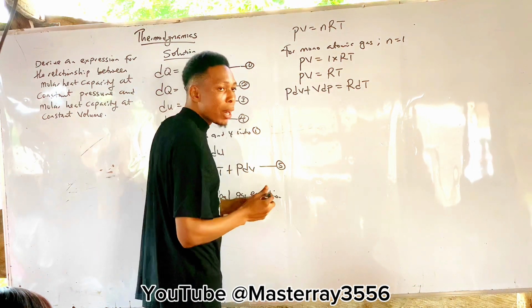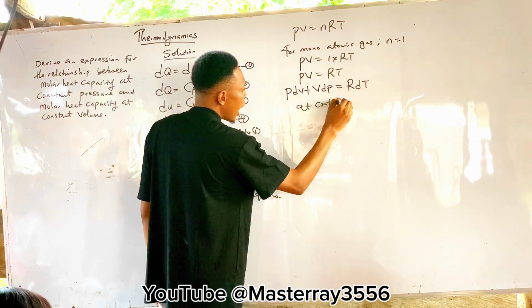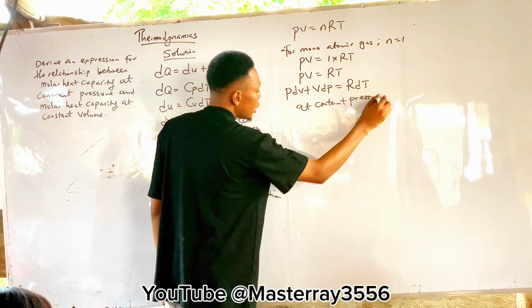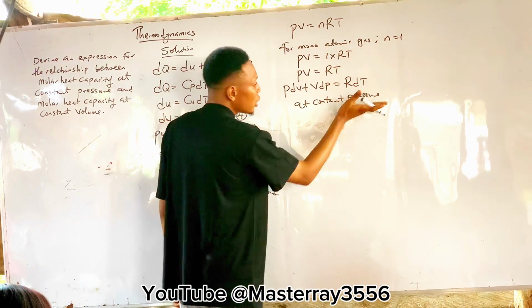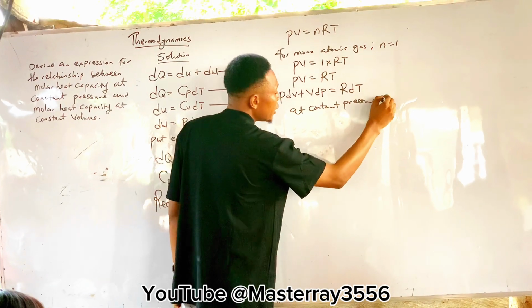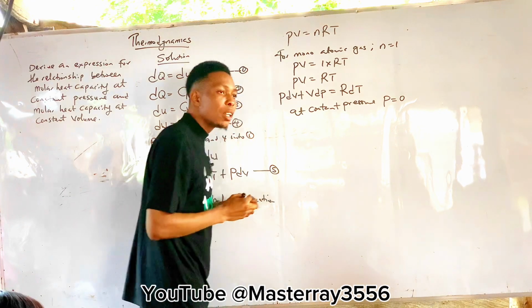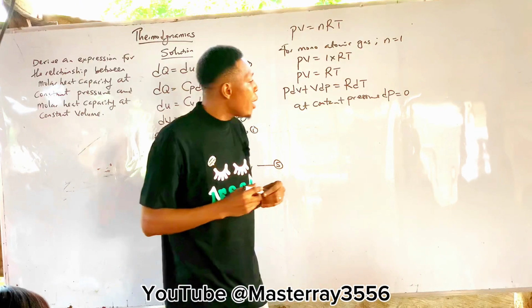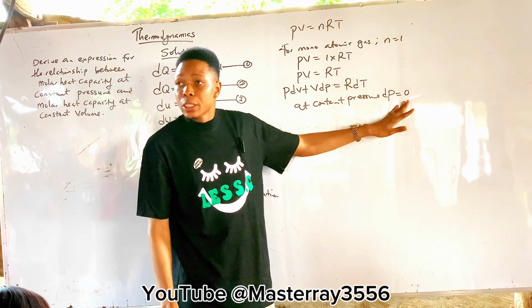So this time around, at constant pressure, that is an isobaric process, our dP is equal to 0. Anywhere you see dP, you substitute the value 0.